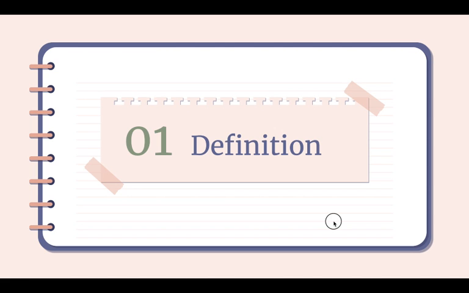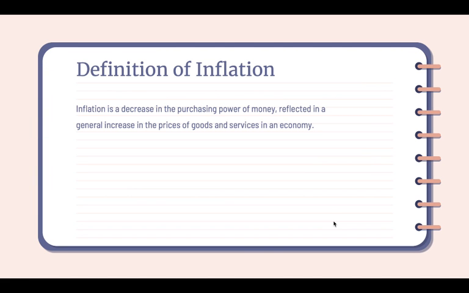The definition. Inflation is the decline of purchasing power of a given currency over time. A quantitative estimate of the rate at which the decline in purchasing power occurs can be reflected in the increase of an average price level of a basket of selected goods and services in an economy over some period of time.